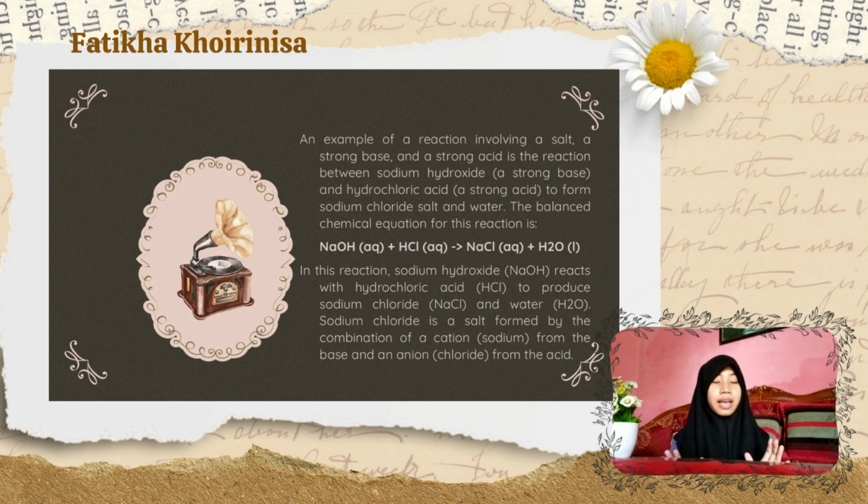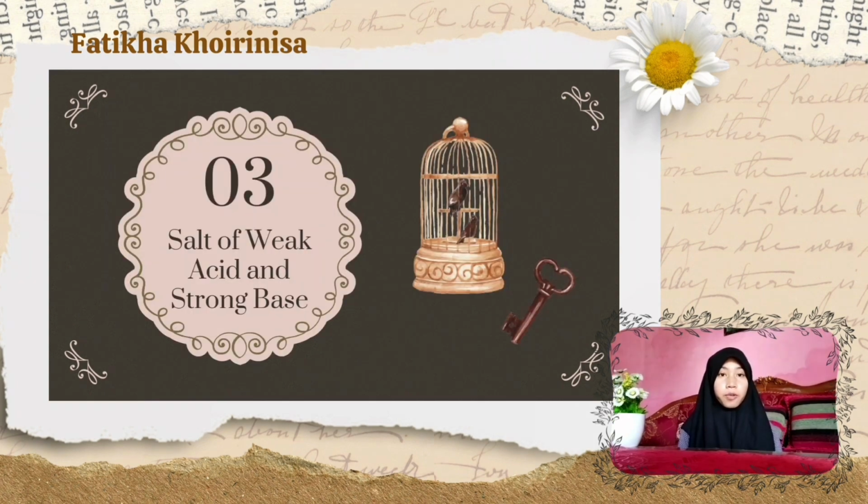The balanced chemical equation for the reaction is: in this reaction, sodium hydroxide reacts with hydrochloric acid to produce sodium chloride and water. Sodium chloride is a salt formed by the combination of the cation, sodium, from the base, and the anion, chloride, from the acid.